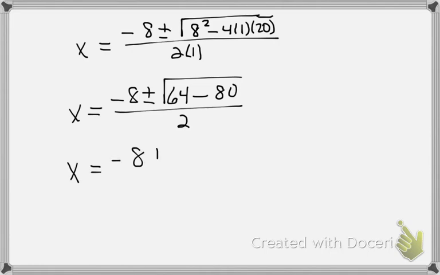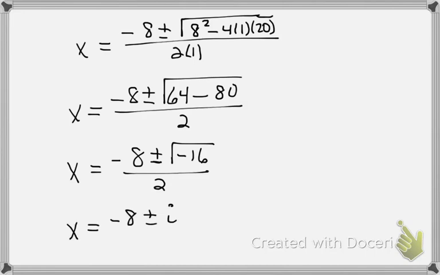So x equals negative 8 plus or minus square root 64 minus 80, negative 16 all over 2. So what do you see here? Got to pull the i out, right?